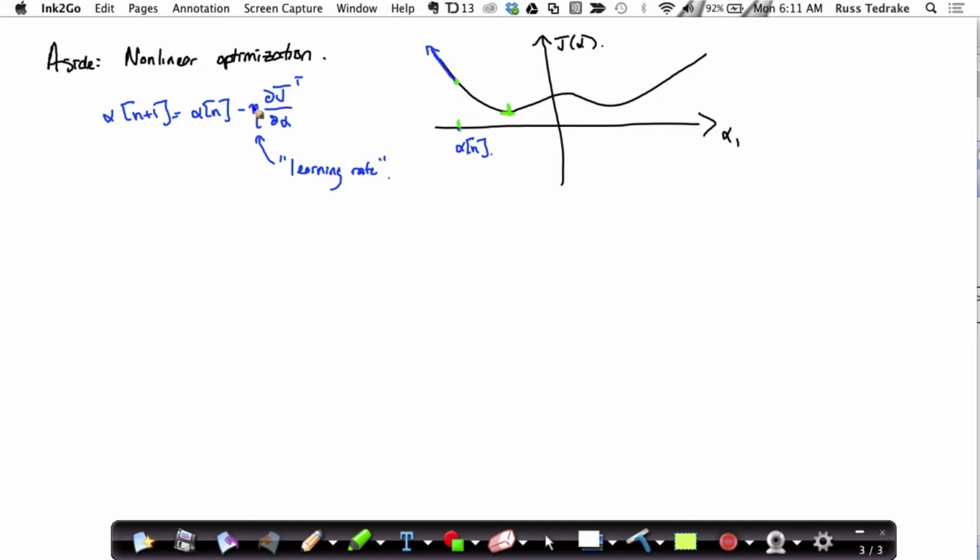The problem is I hate having to pick this learning rate, and it can take a long time to get down to the optima, especially if the magnitude of the gradient is very different in different directions. This is called a first order method, or gradient descent.